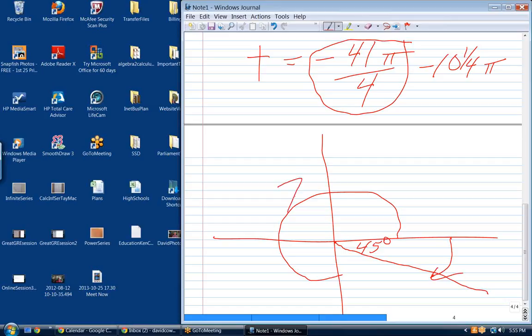In other words, this angle is 7 pi over 4, which is coterminal to minus pi over 4. But it's okay to leave it as minus pi over 4. It puts it in the right quadrant.